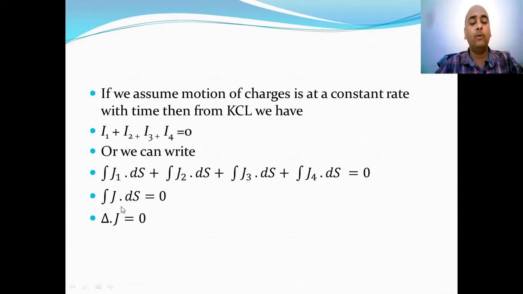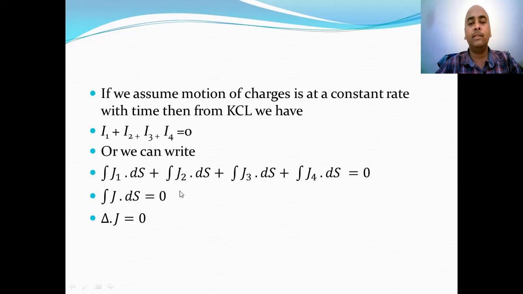By using the divergence theorem we obtain that divergence of J is equal to 0, if we assume motion of charges is at a constant rate, that is, in a situation like DC currents.